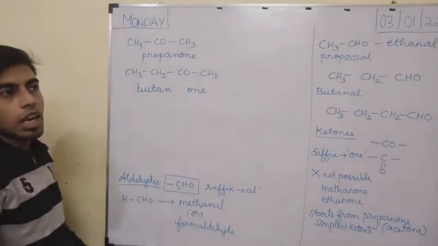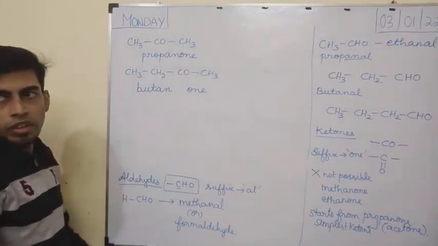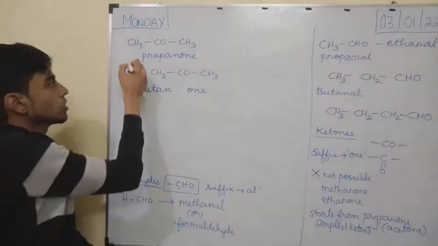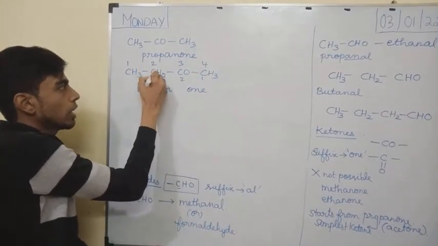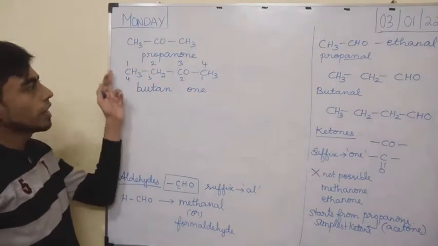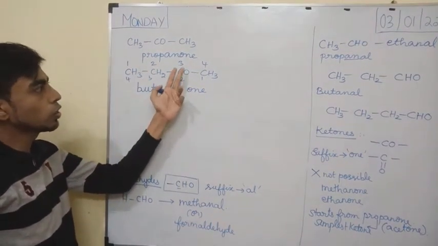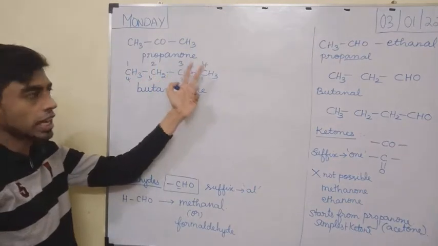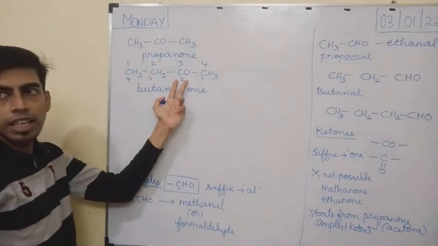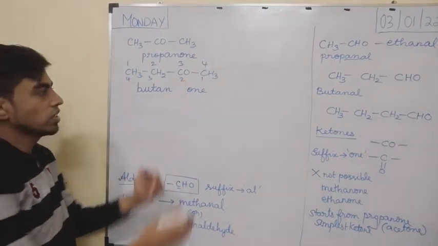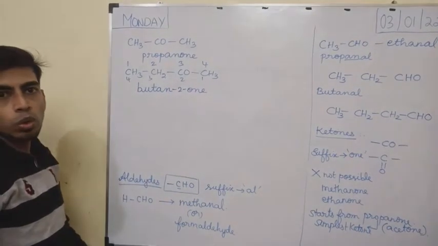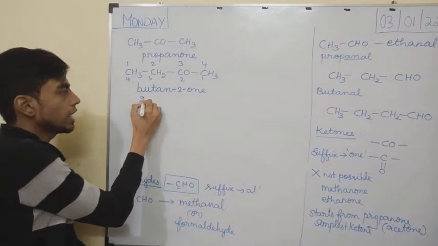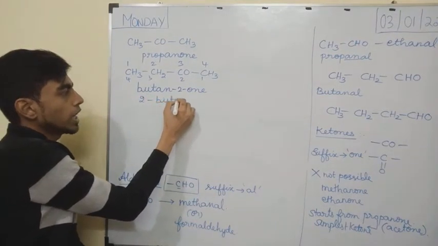Now you have to mention the position of the ketone group. For that, I am going to number from this side and from this side. When I number from this side, the ketone group is in third position. From this side, it is in second position. So you should take the least number: butan-2-one, or you can also write it as 2-butanone.